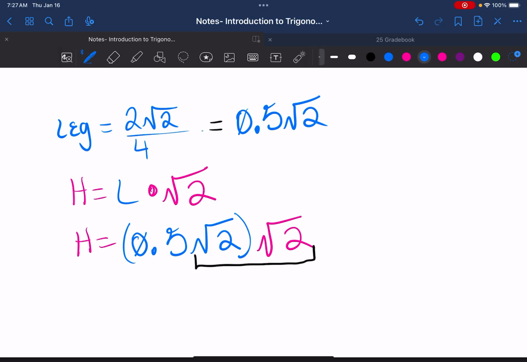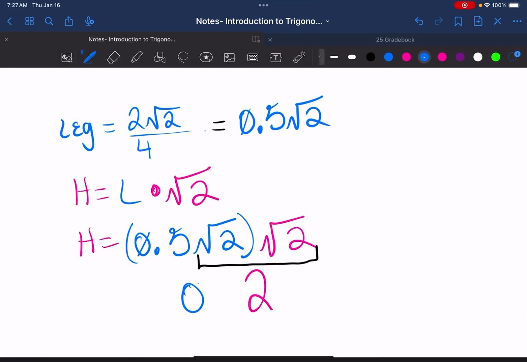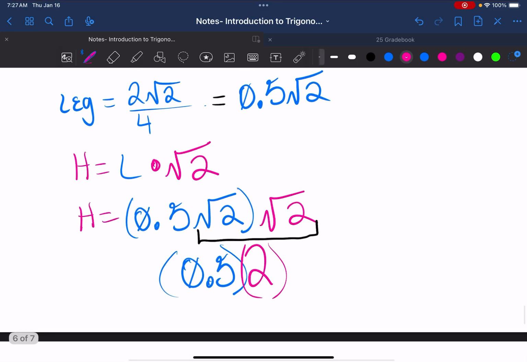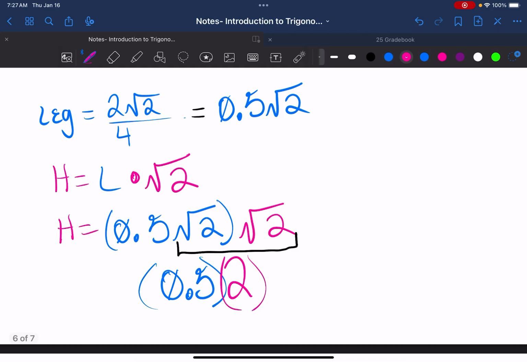Again, it's going to cancel, and it's going to give me just a number 2, and I'm going to bring down the 0.5. And they are multiplying together. So 0.5 times 2, that's super easy. That's 1. So that is one way to solve this.